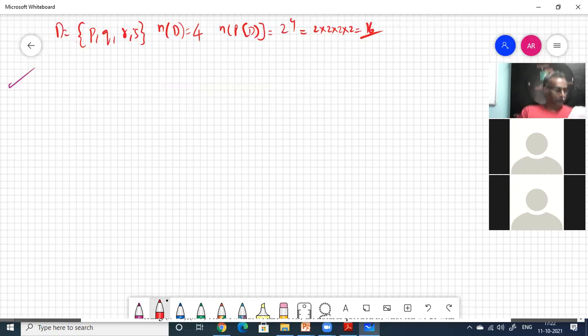Very good. Okay. Now, the fourth one. E is a set which is the null set. Write down the power set of E. A tricky question, huh? Not really.